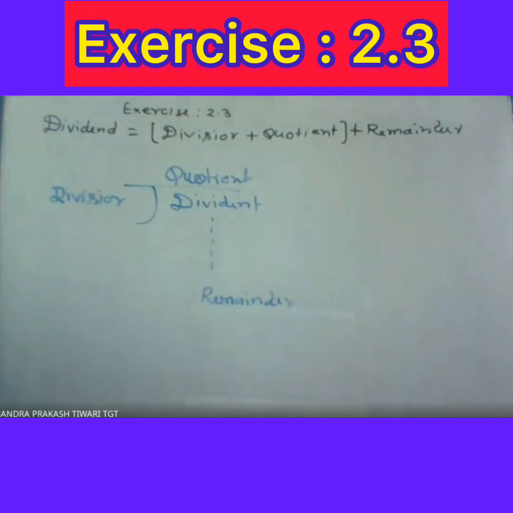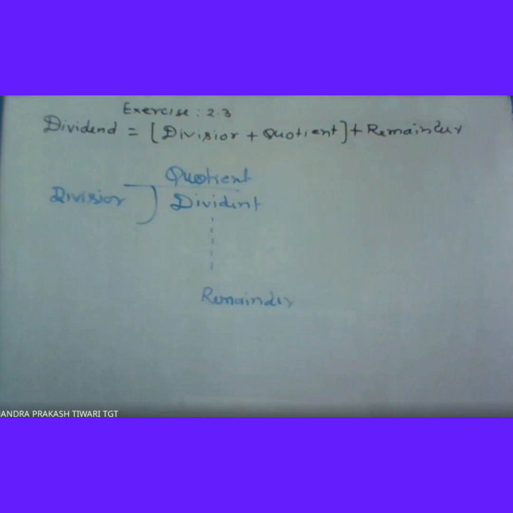Okay. So now let us start here. The first question. It is given: divide the polynomial p(x) by the polynomial g(x) and find the quotient and remainder in each of the following.